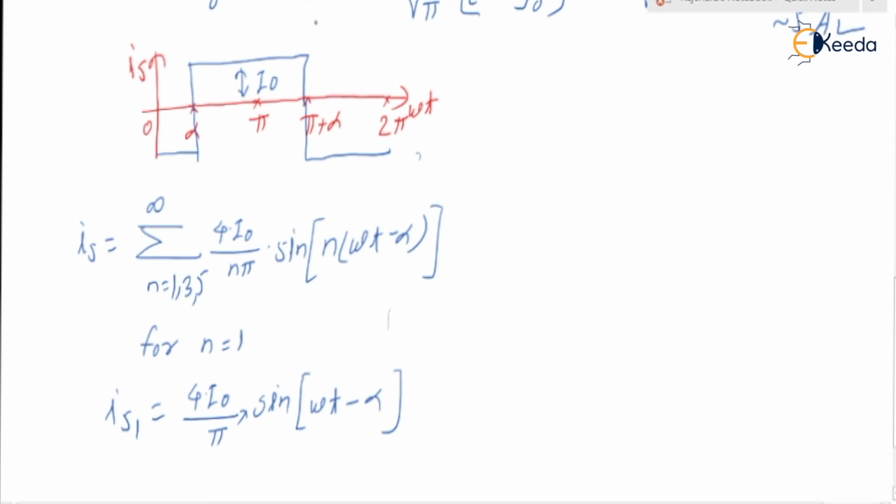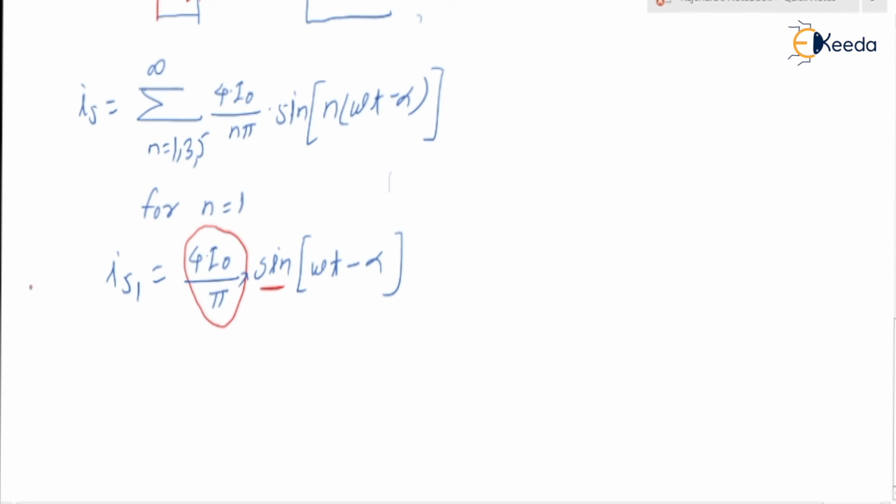This fundamental component is a sinusoidal function. So can we say that 4 into I0 divided by pi is the peak value of the fundamental source current?